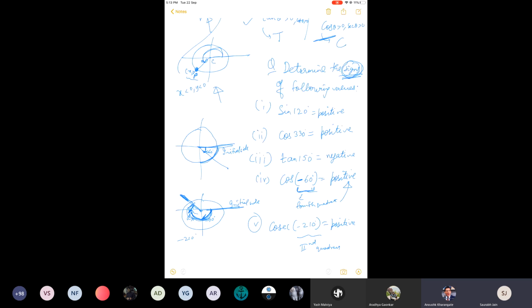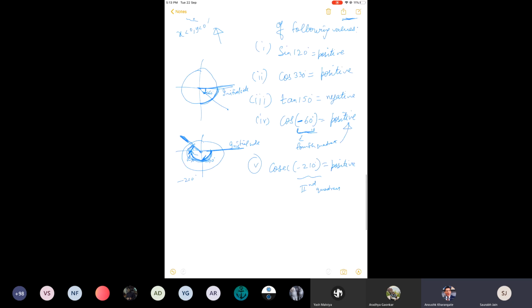Okay. So for a negative angle, how do you do it? I didn't understand. Clockwise direction. How do you move clockwise from the initial side? This is 90 clockwise. This is 180.